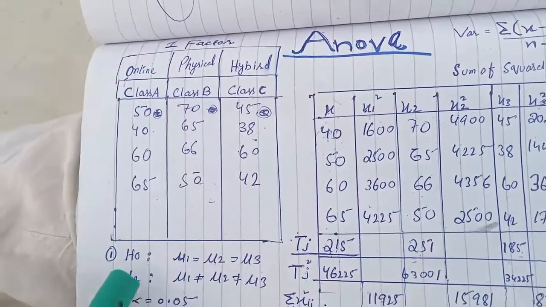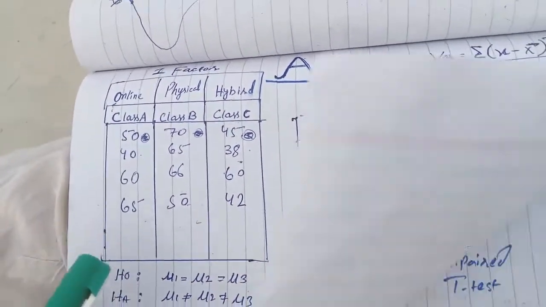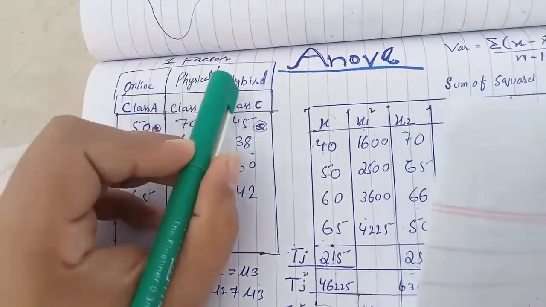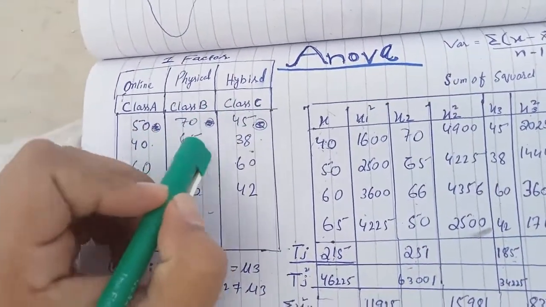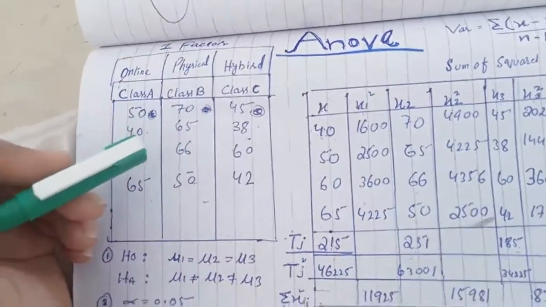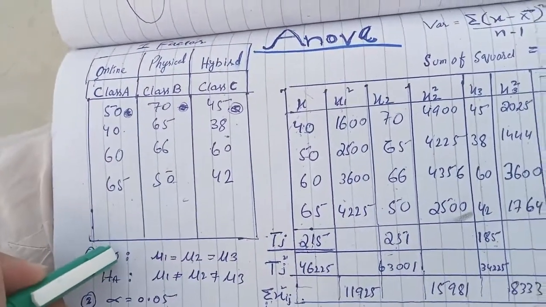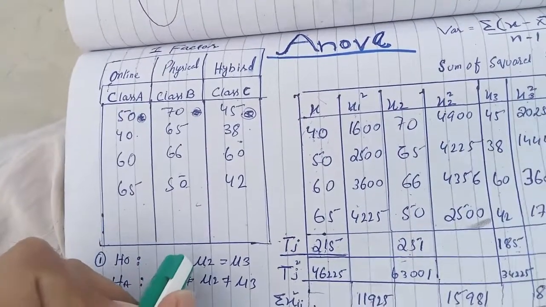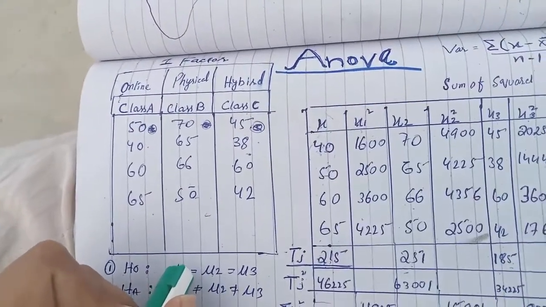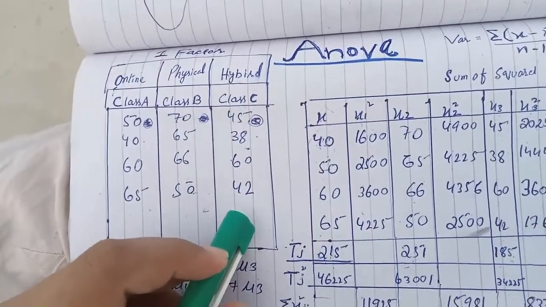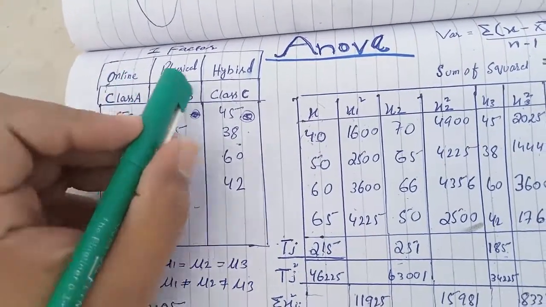What is the assumption saying? The null hypothesis is saying: if for each class a different model is applied, is there any variation in the marks or not? The assumption says there is none. The null hypothesis says there is no difference in the means, or in the average of the marks of the students, even though different models are applied.